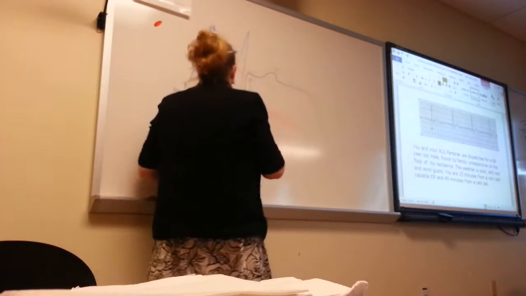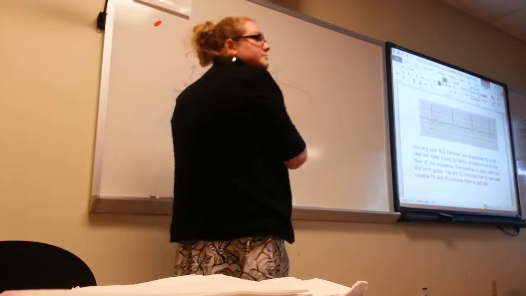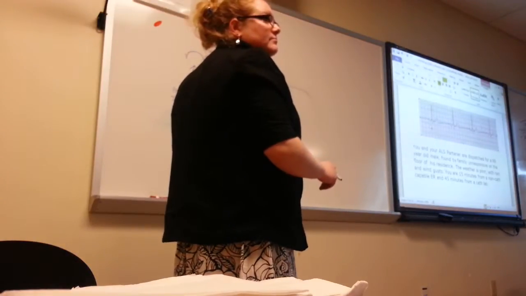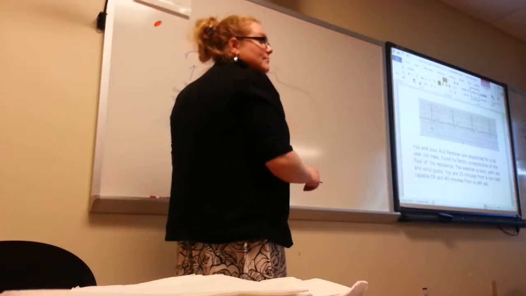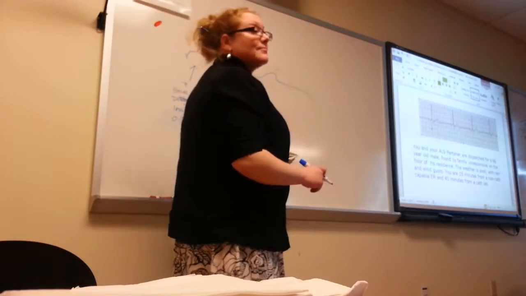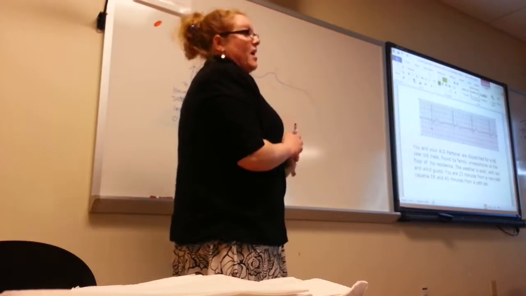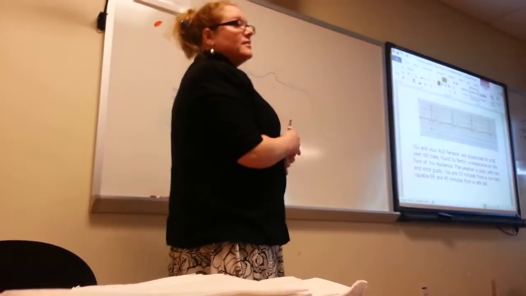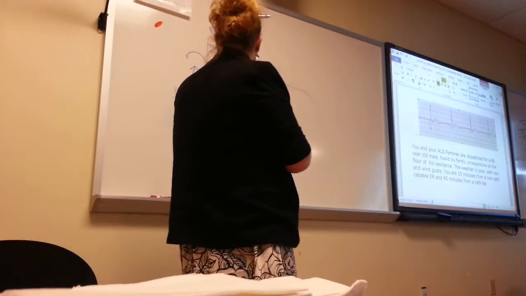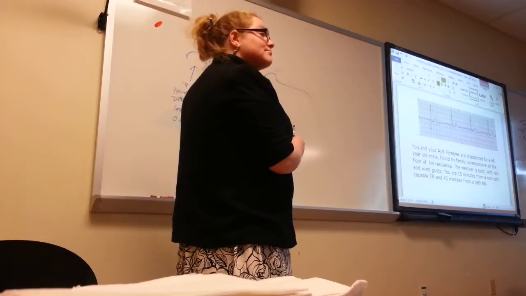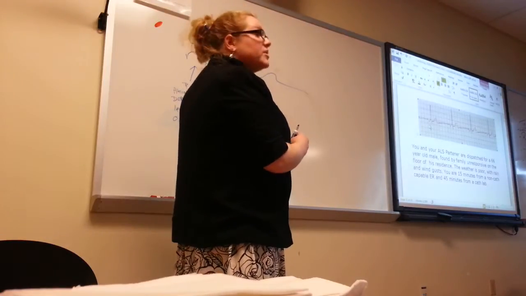What is the measurement of the QRS complex? Less than 0.20, right? Less than 100? You guys tell me. I'm not going to tell you. You tell me. 120. 0.12. What is the measurement of the QRS complex?